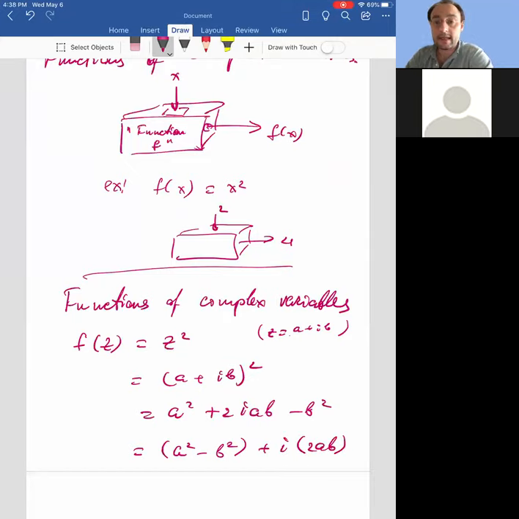Now the good news is that in this class, we will not be dealing with complex valued functions of complex variables. We will deal with complex valued functions of real variables.